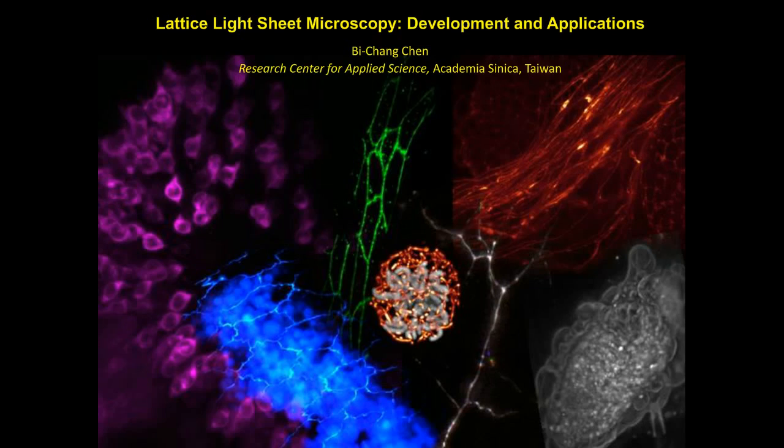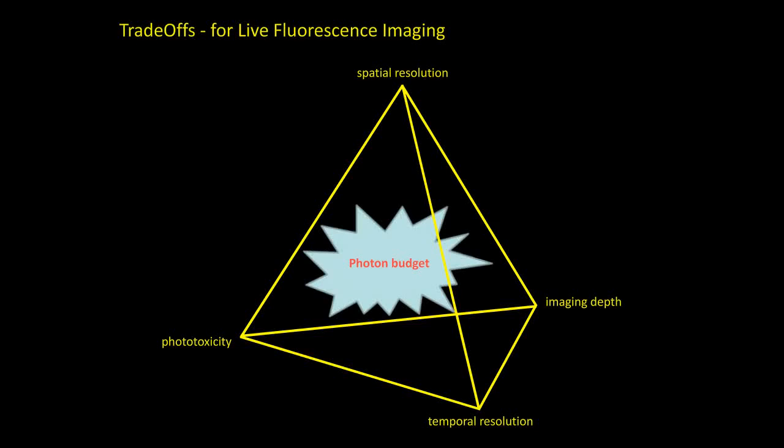When we talk about fluorescence, we know there are always a lot of trade-offs for live fluorescence imaging, especially for the spatial resolution, the imaging depth, and the temporal resolution. And of course, because we are talking about live imaging, there is phototoxicity, which most of the time kills the experiments.